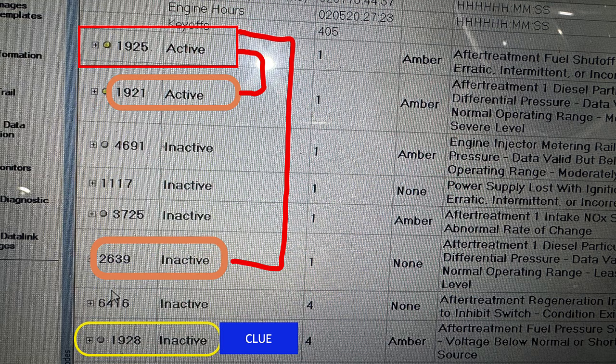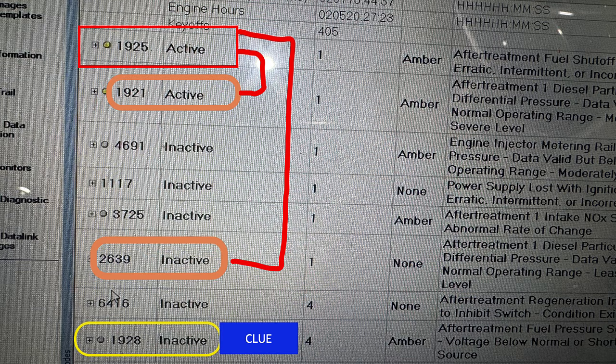This is our fault list, and at the top you'll see that 1925 is active. Now I've got a couple lines drawn from 1925 to a couple other faults. So when 1925 goes active, the engine can't regen the diesel particulate filter.